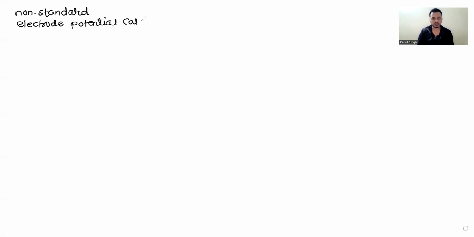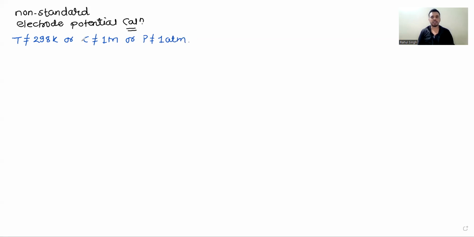Non-standard conditions are where T is not equal to 298 Kelvin, or the concentration is not equal to 1 molar, or the pressure is not equal to 1 atmospheric pressure.